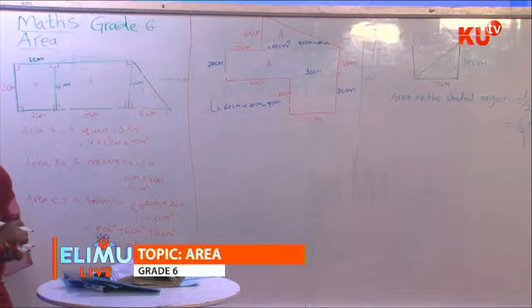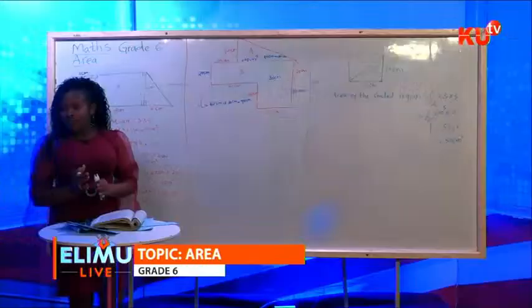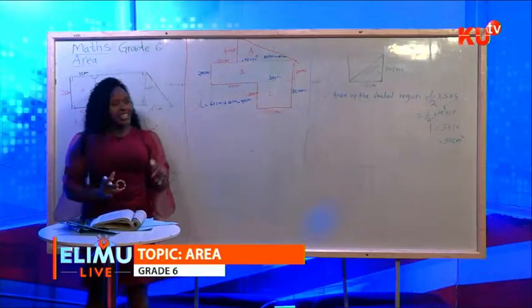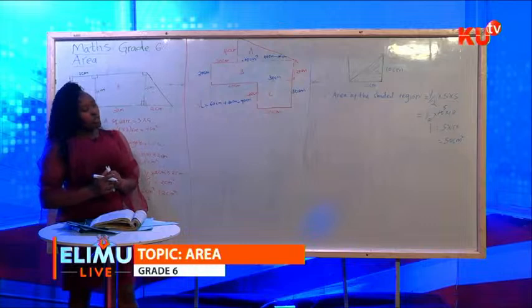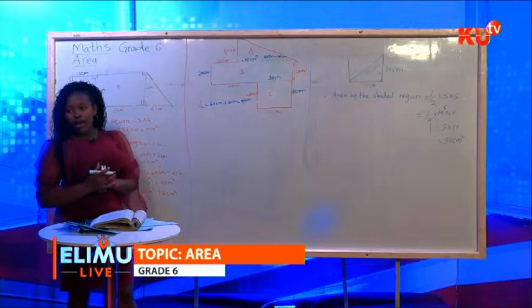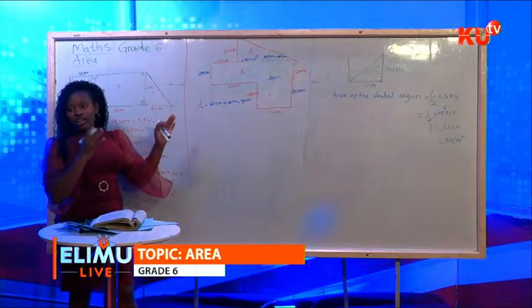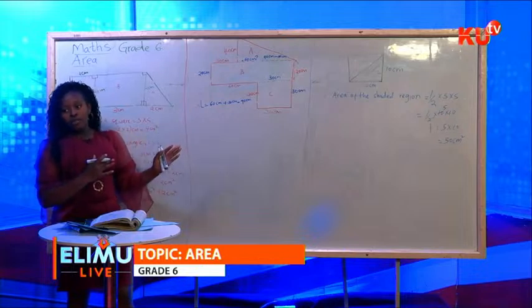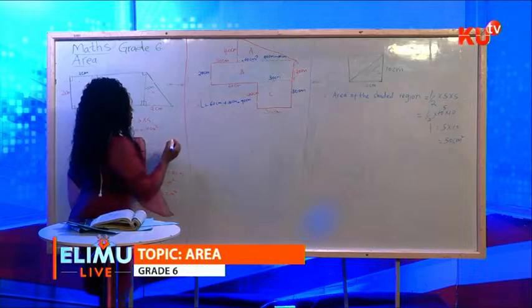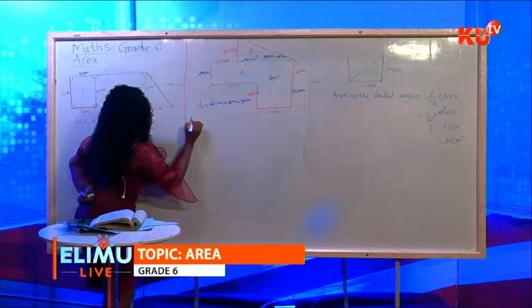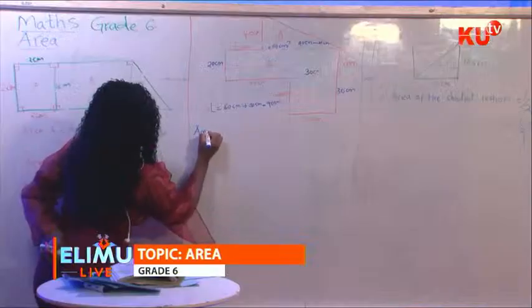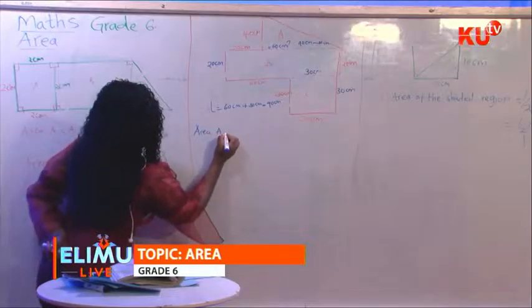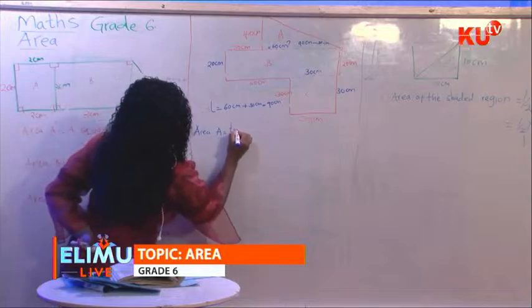So we have all the measurements that will assist us to find the area of this figure. So we go one by one to finding the total area of the diagram drawn for us. So we start by area A, which is equal to triangle.